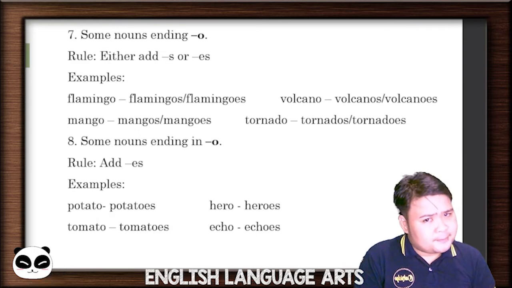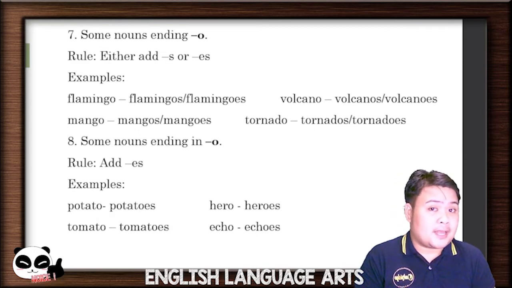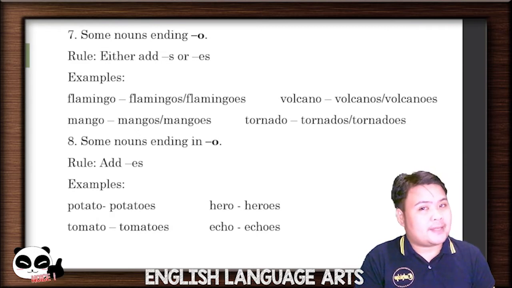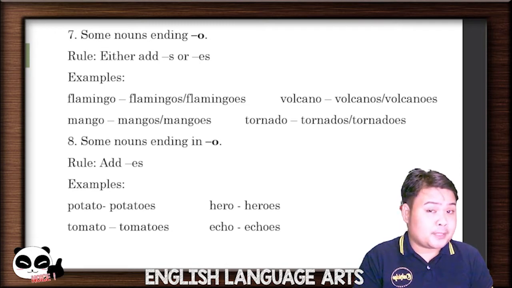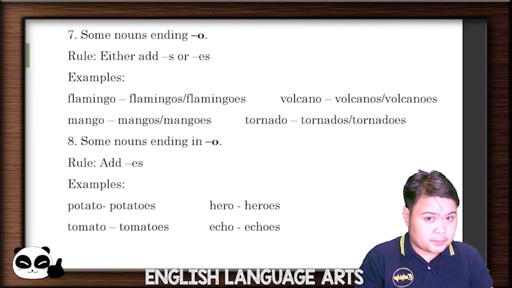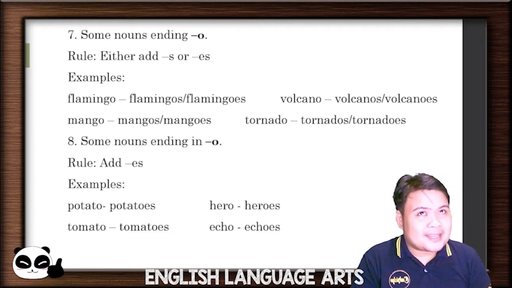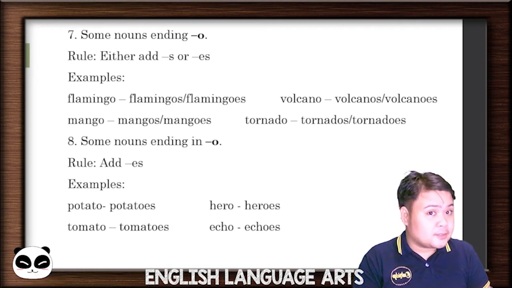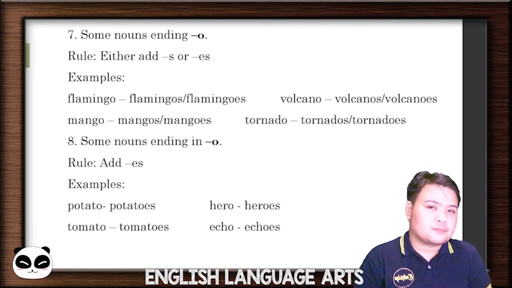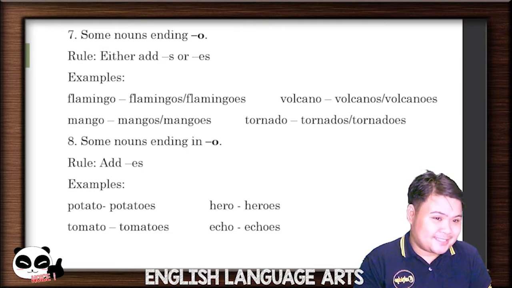And for some nouns that end in o, you only have to add es, not just s. For example, potato becomes potatoes, tomato, tomatoes, echo, echoes, hero, heroes. You don't just add an s there. You don't say five potatos or tomatos. No, you add es.